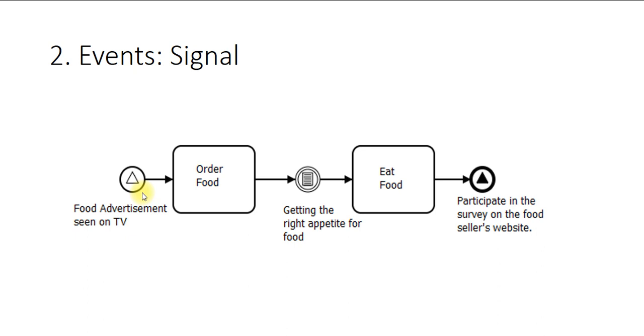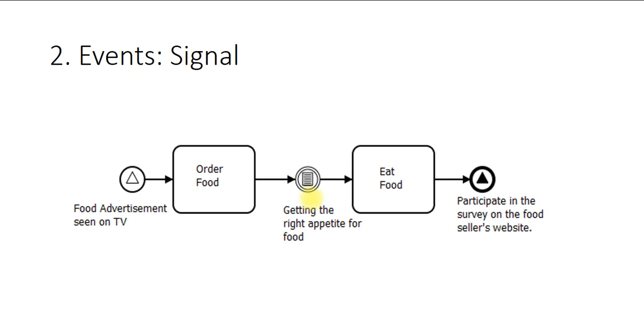It invokes a response, because the task says we are ordering food. So we order food, and then there is a conditional event which says getting the right appetite for food. That is waiting until we have hunger, a condition of whether you are hungry or not.